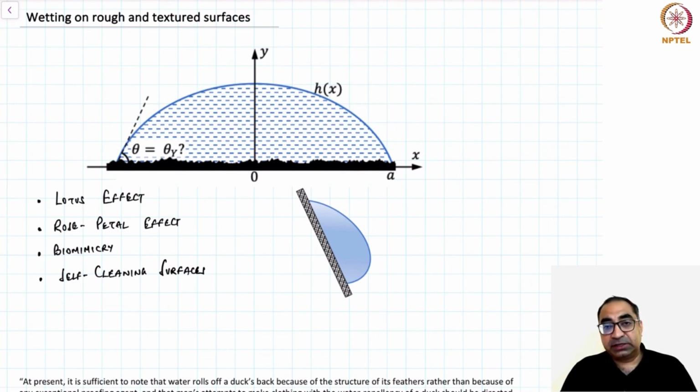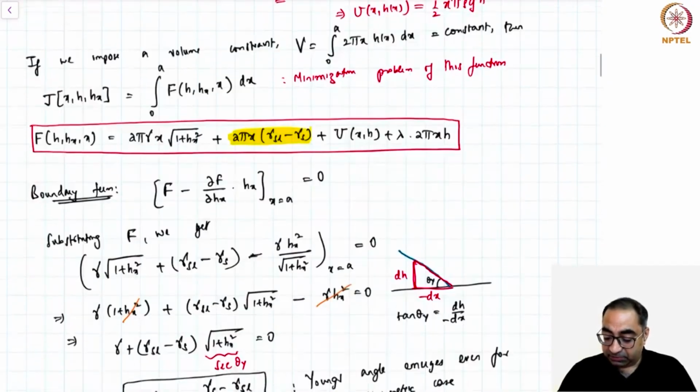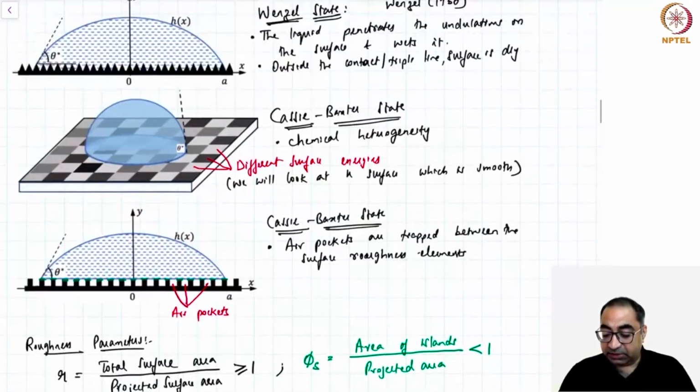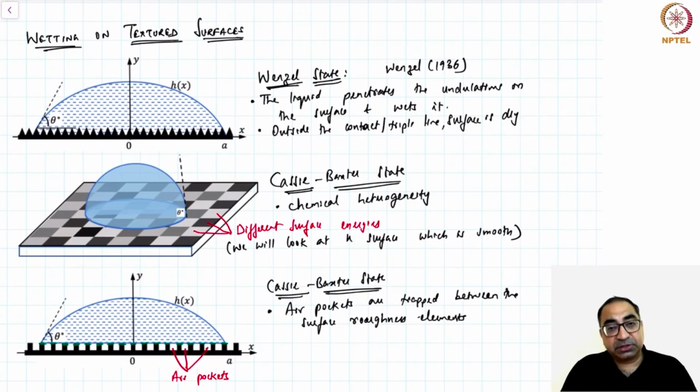We looked at another Cassie-Baxter state where we have air pockets entrapped between the droplet and the surface. And then we also had the Wenzel state, where the liquid penetrates into the solid surface. There are more cases that one can look at, but it will take too much time and effort to go through all the possibilities.